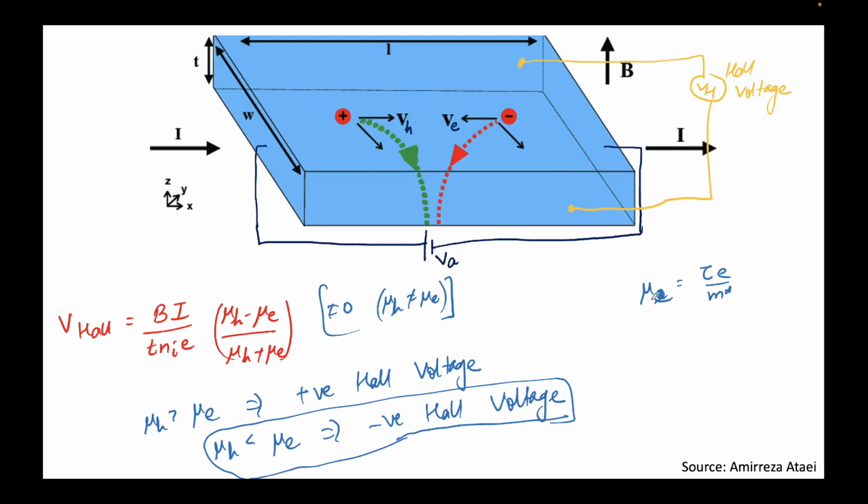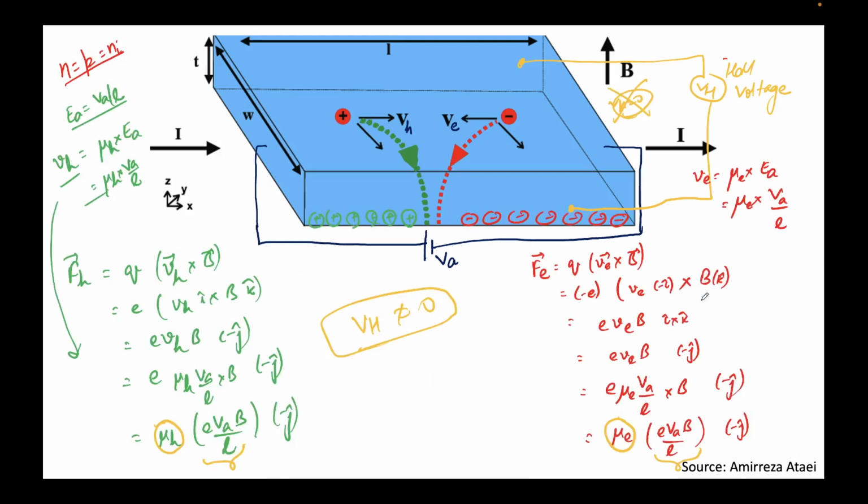Even if you see mu E is greater than mu H, that does not necessarily mean m E is less than m H. Why not? Because the factor tau is also there. Hence, even if we can comment on the mobility, we cannot conclusively say anything about the effective mass.